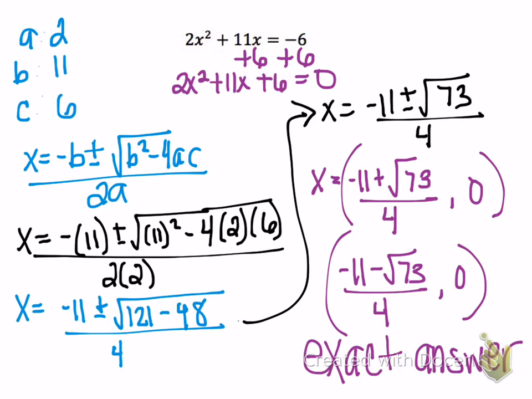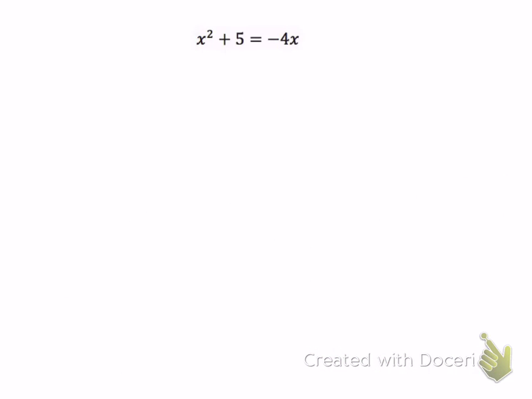In the previous example, we did the approximate answer by providing the decimals. Sometimes it's not the coefficient that's by itself on the other side, but sometimes it's the x's or the x squareds. So again, we need all quadratic equations to be equal to 0 before we can continue solving.